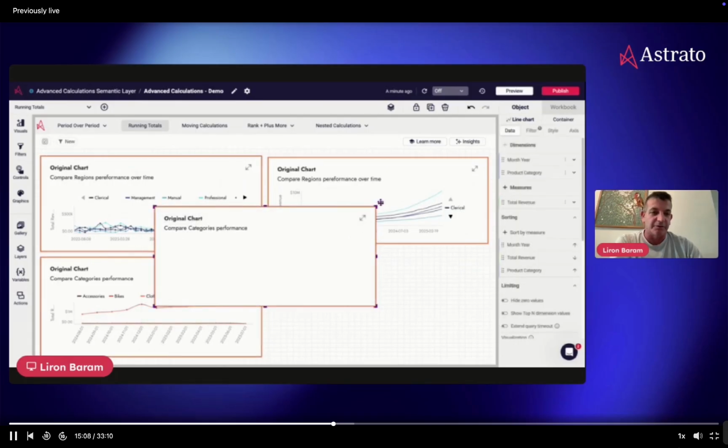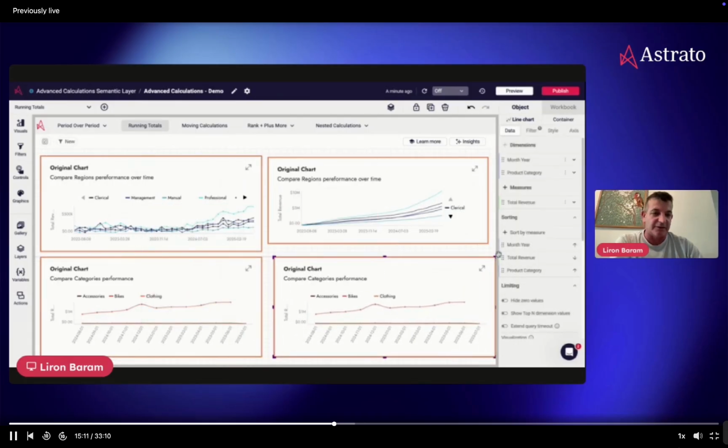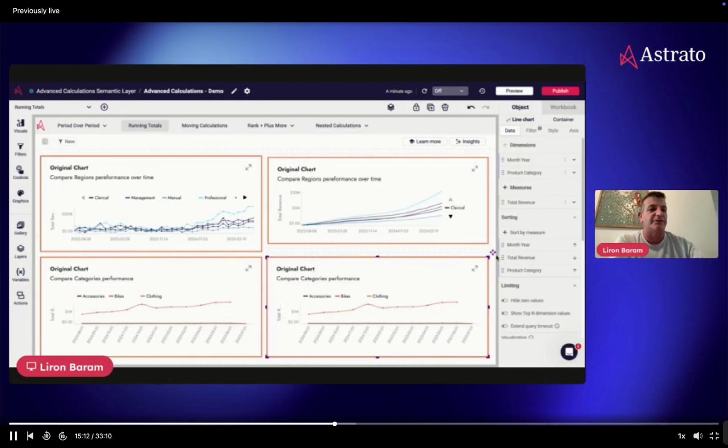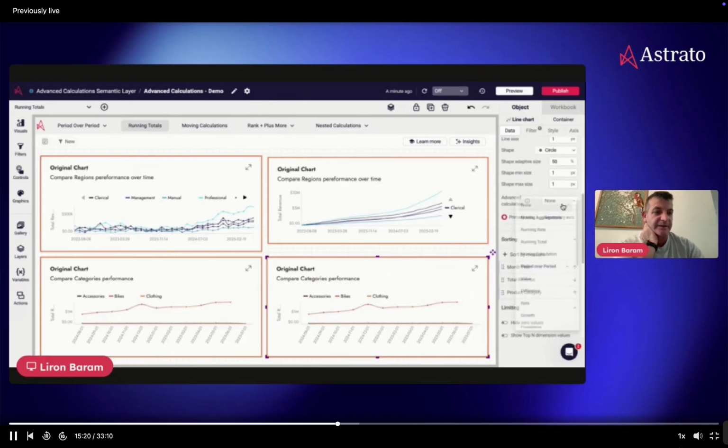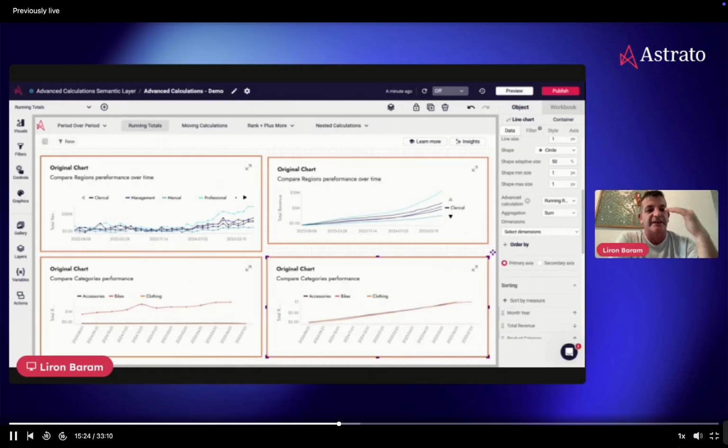So when I want to compare values or categories that have different values on scale, what I can use instead of running total is the running rate. What running rate does is calculate for each category the contribution of each month toward the total achieved in that period.